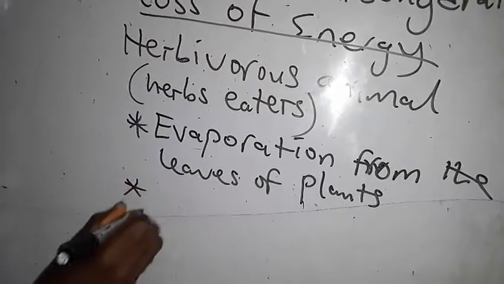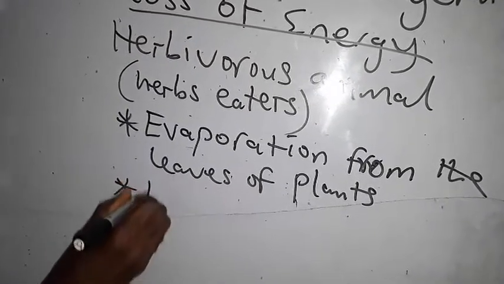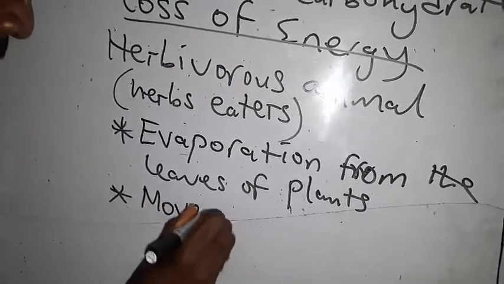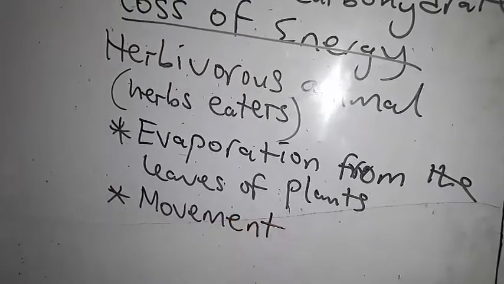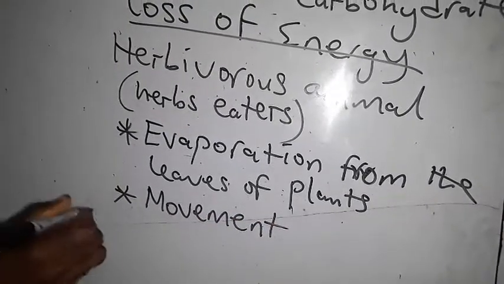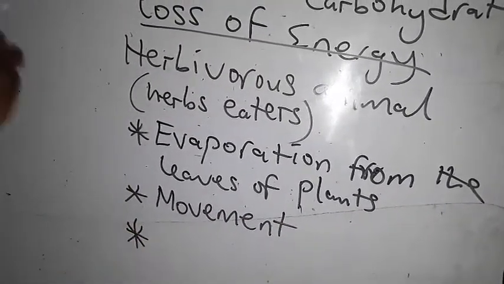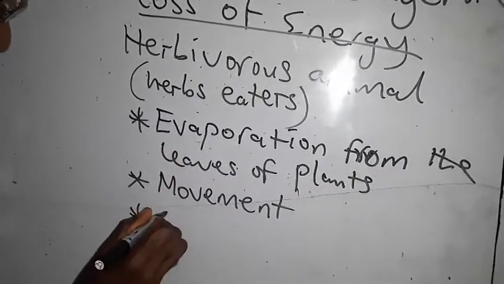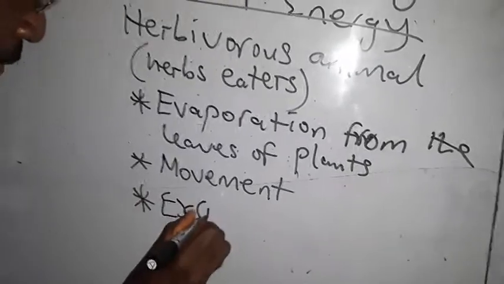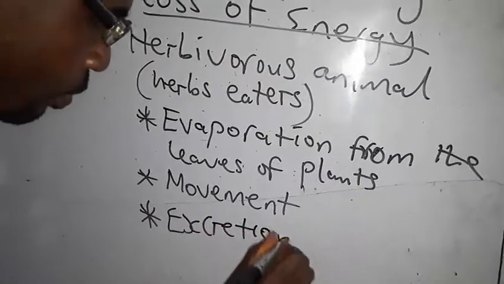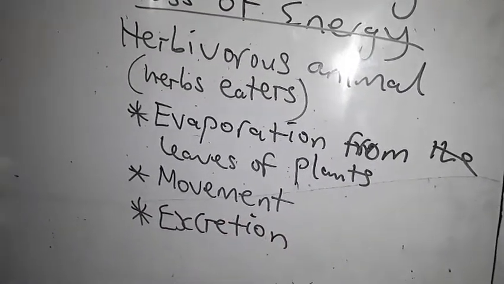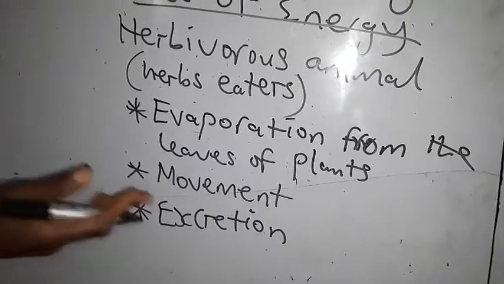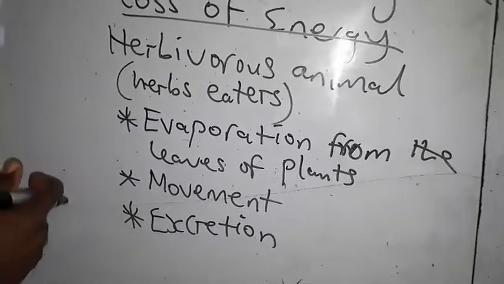It can be lost in animals through movements. When an animal moves from one place to the other, energy is lost. Energy can equally be lost through excretion. The removal of metabolic waste from the body is done by plants, and it's equally done by animals.